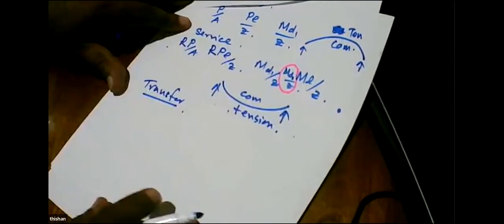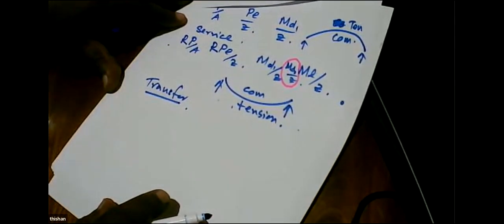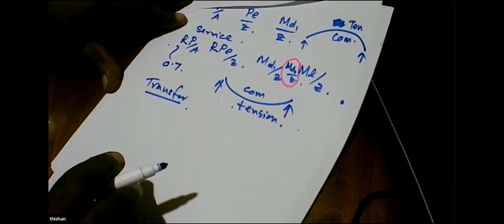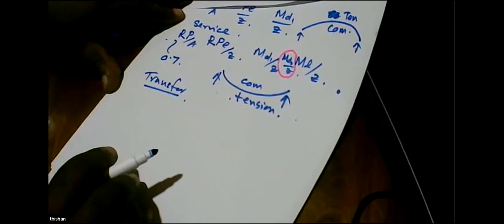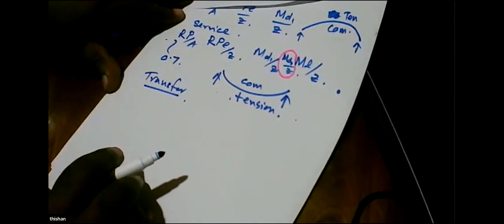In addition to that, once you do the transfer, there will be losses. So the P becomes R times P, where R is about 0.7. That means we lose about 30% of the stress in the tendons once we do the transfer, and with time we are going to lose about 30% of the stress.